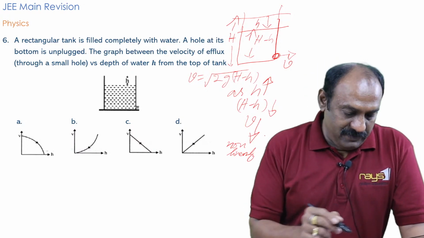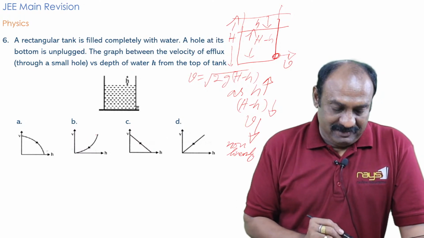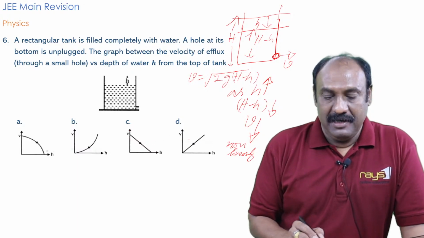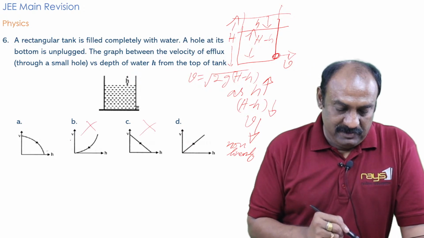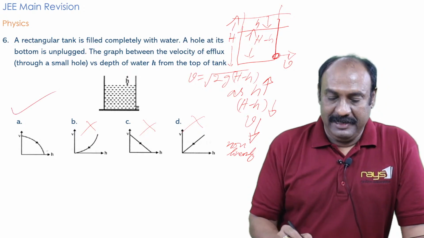According to the given options, see the graph here. B is wrong because it increases. C is wrong because a linear relation is given, but it decreases non-linearly. So it decreases non-linearly.